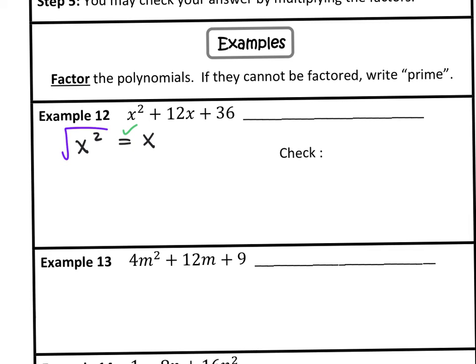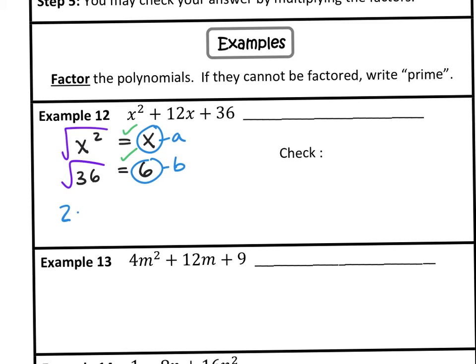And then, can I square root the last term? 36. What's the square root of 36? That's 6. Okay, so yes, I can. I'm going to put a check mark there. And so this is my A and my B.